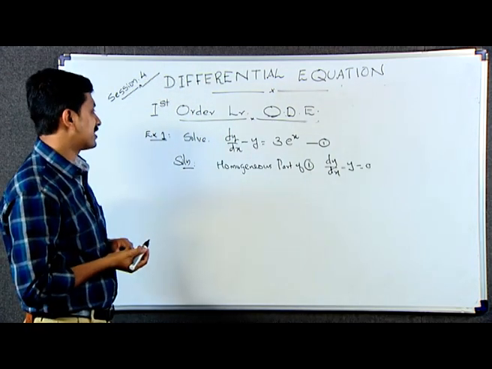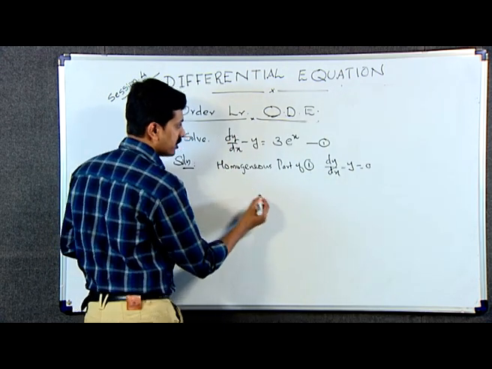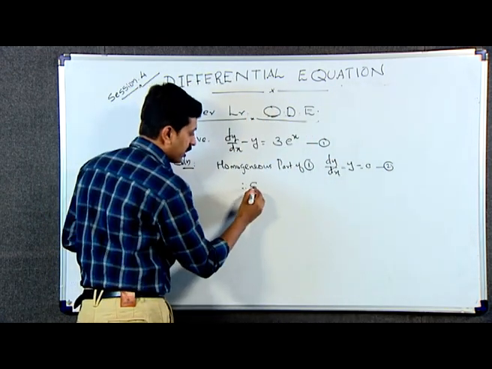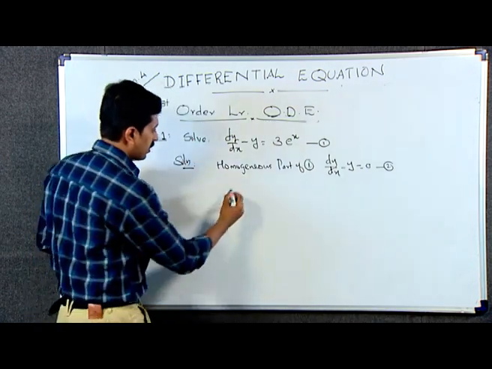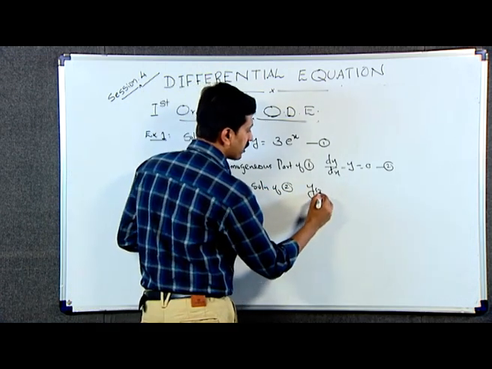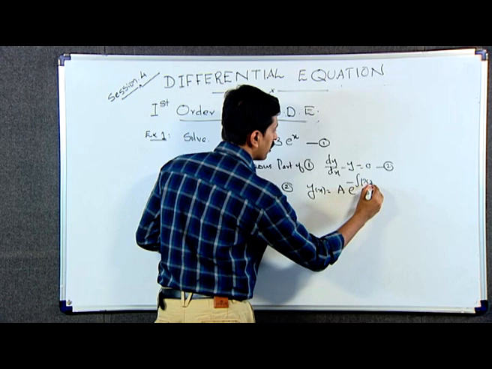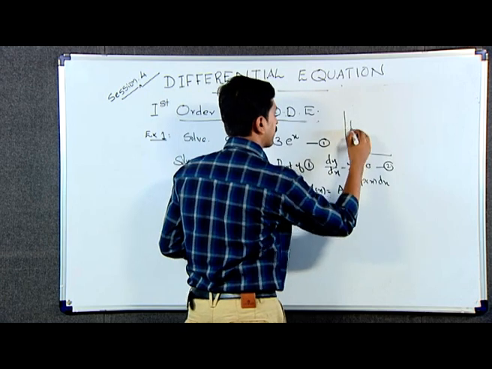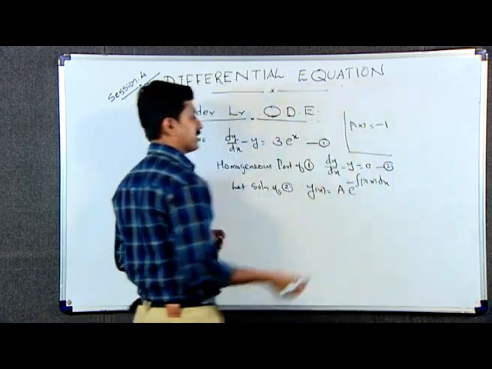I am treating this as equation number 2, and therefore let the solution of equation 2 be y of x is equal to a e raised to minus integral p of x dx. Simply we can identify p of x: it is the coefficient of y, which here is minus 1.